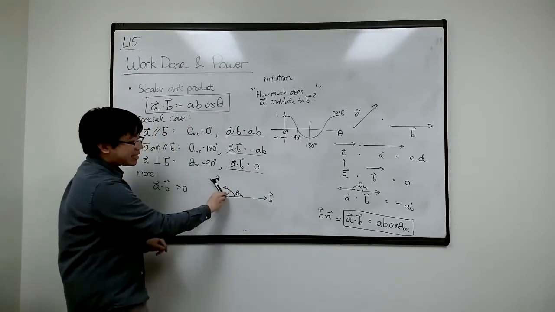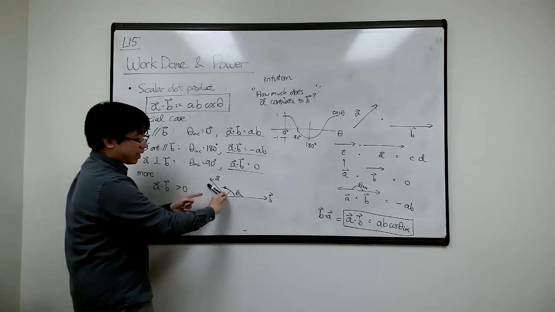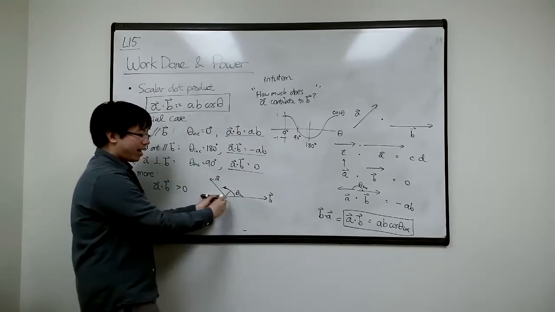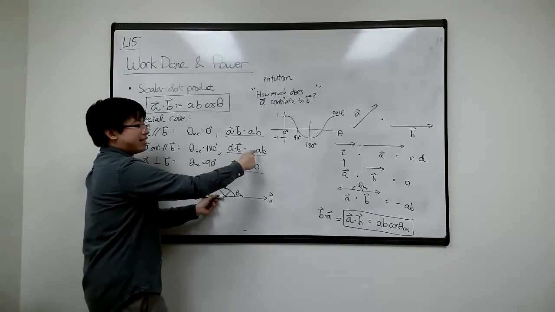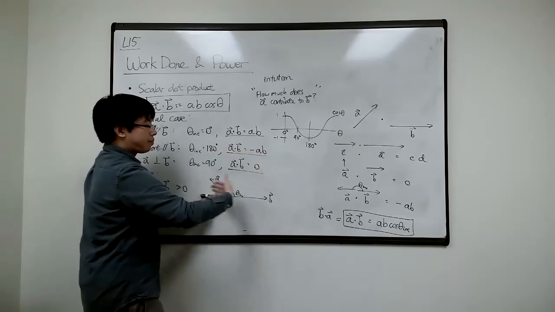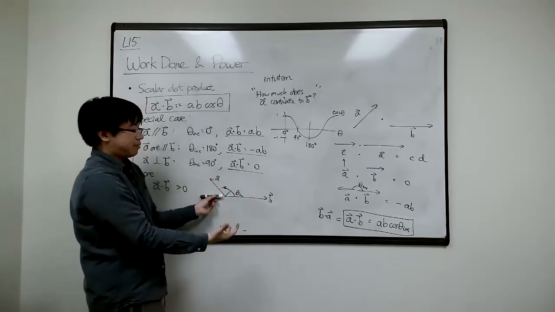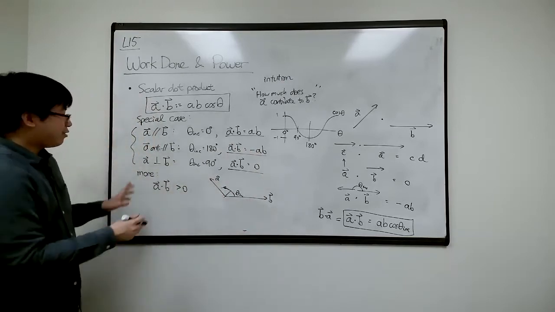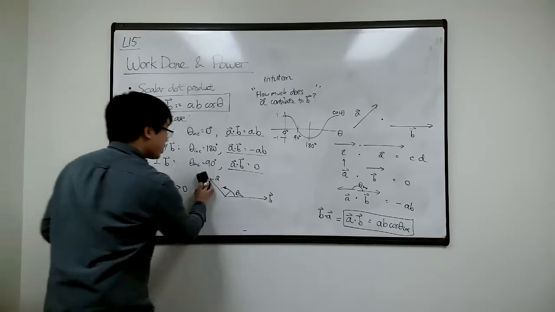And where's the maximum? When will A be maximally against B? It's when theta is 180 degrees. Then A dot B is negative, and A is completely working against B. Okay, so hopefully that gives you an intuition.